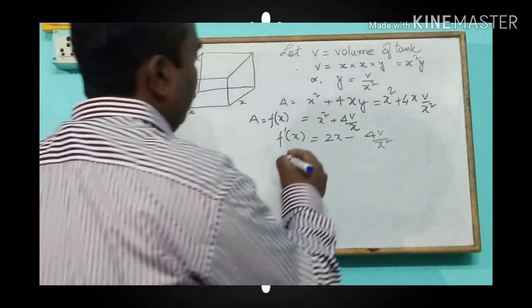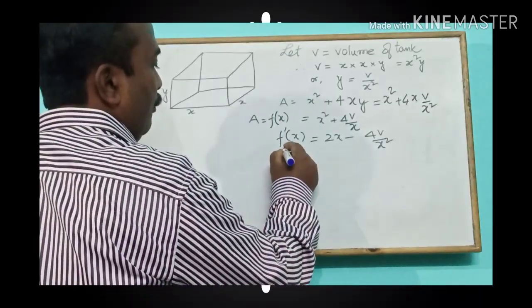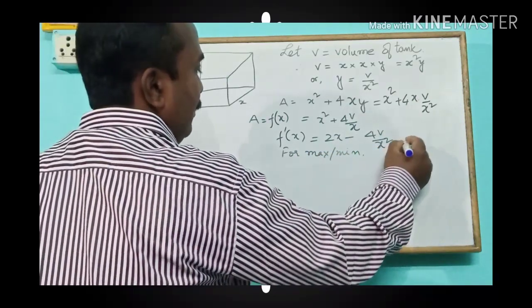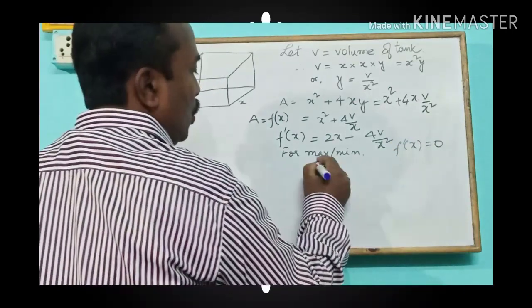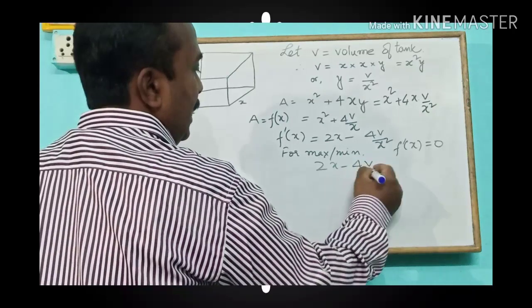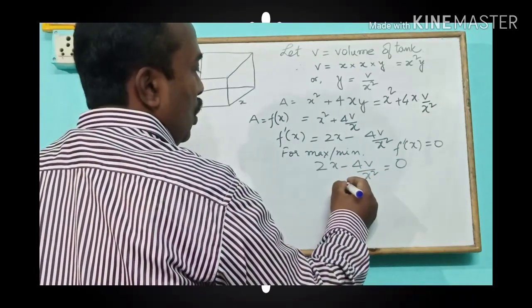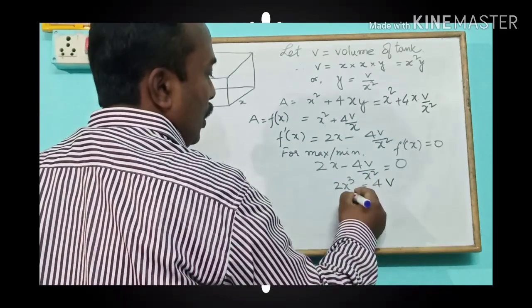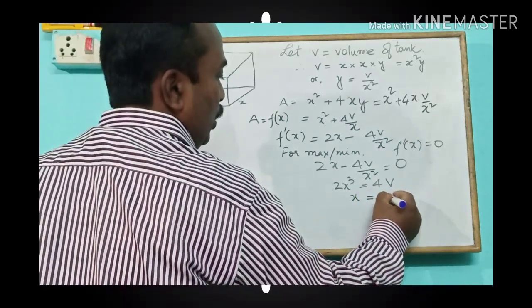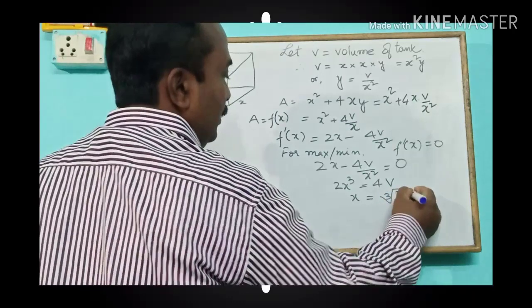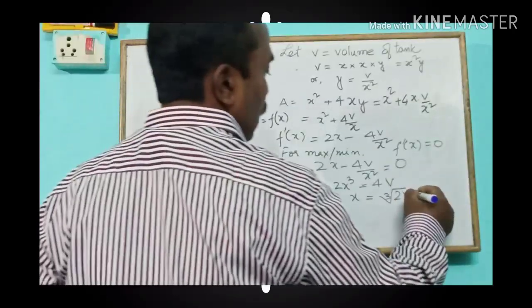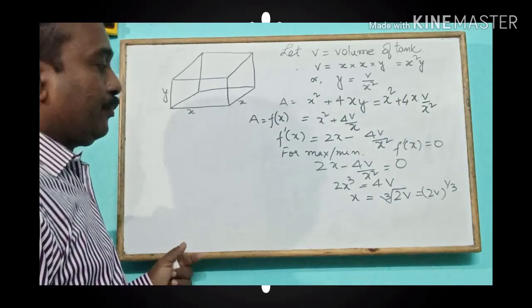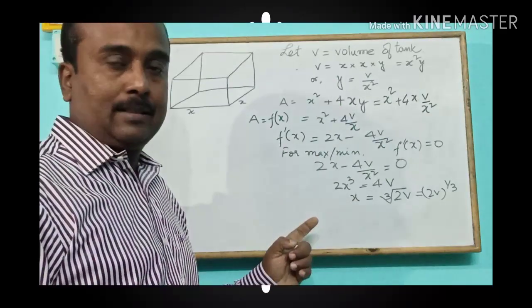So for maximum or minimum surface area, f dash x is 0, or 2x minus 4V by x square is 0, or 2x cube is equal to 4V, or x is equal to cube root of 2V, or we can write 2V to the power 1 by 3. So this is the value of x.